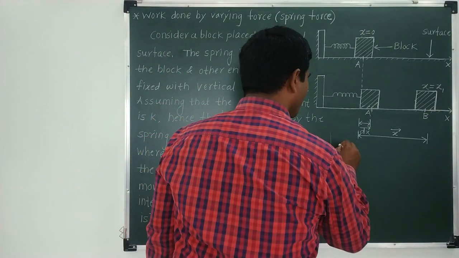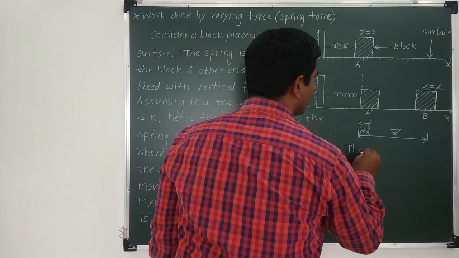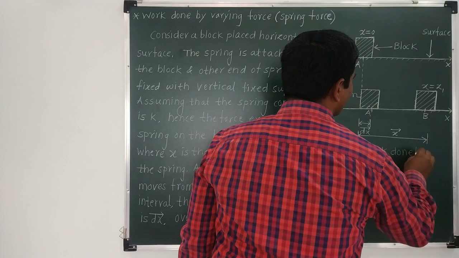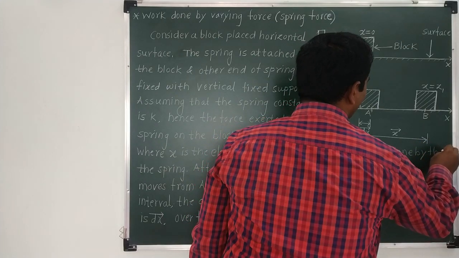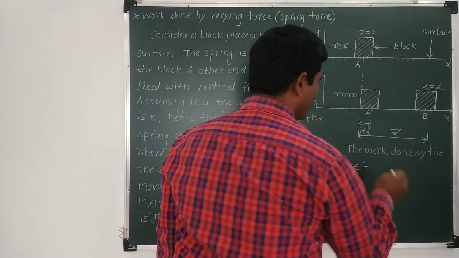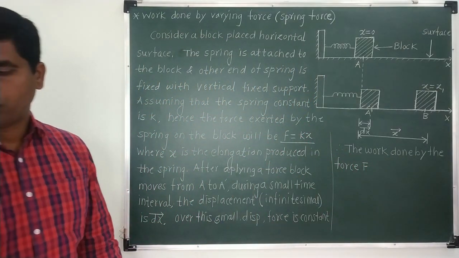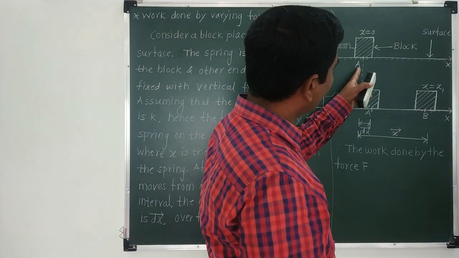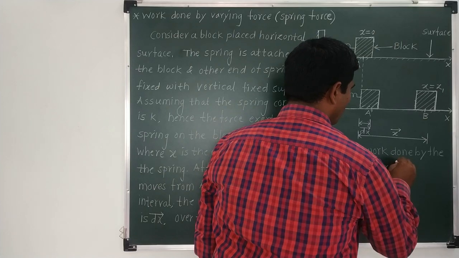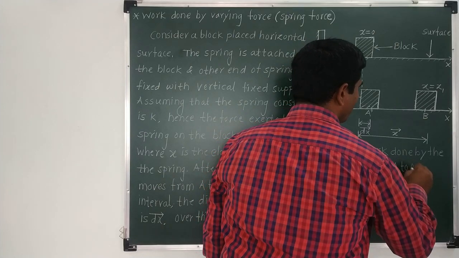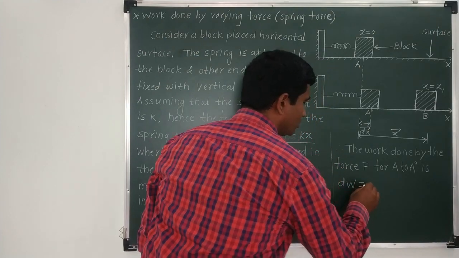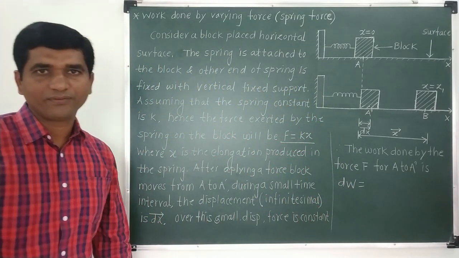Therefore, the work done by the force F, work done by the force for moving a block from A point to A dash, is dW is equal to, now we had seen the definition of the work done.